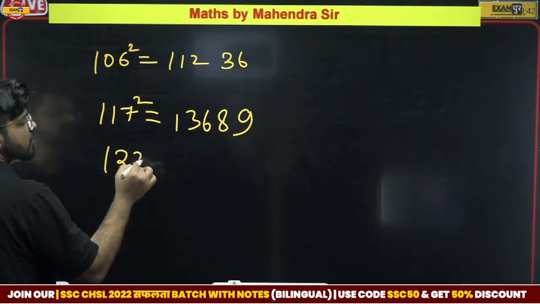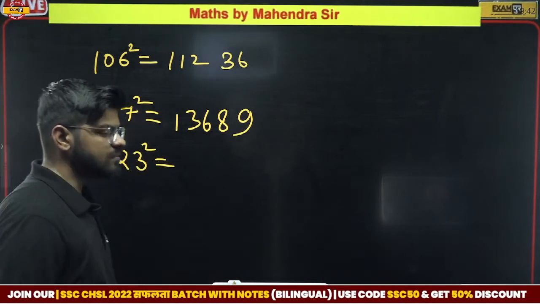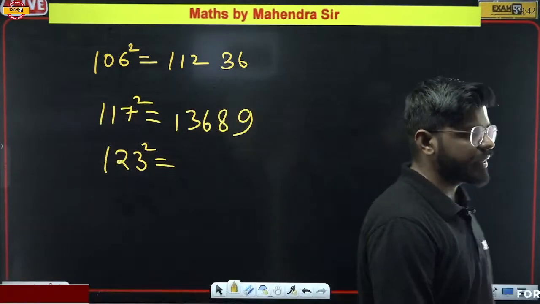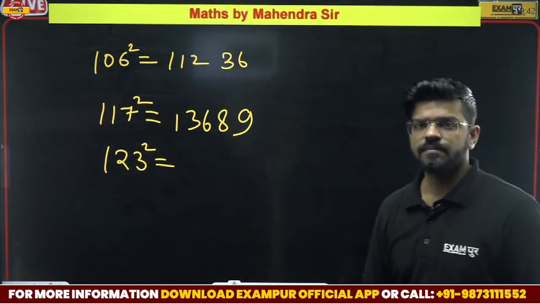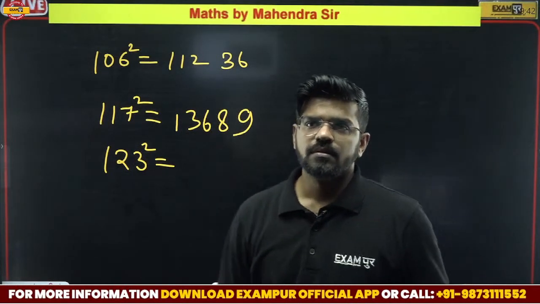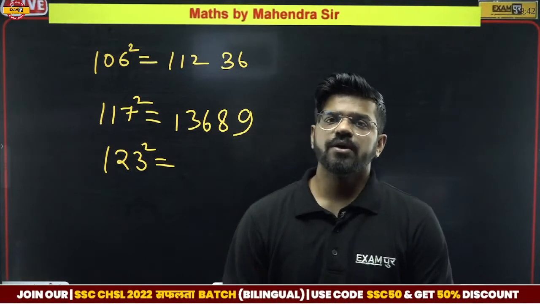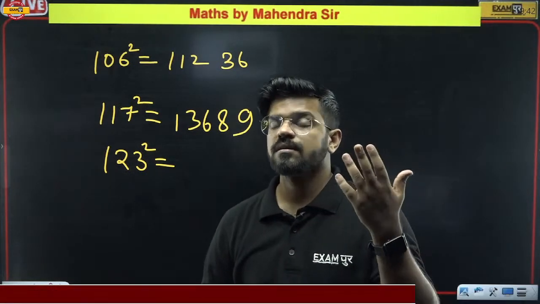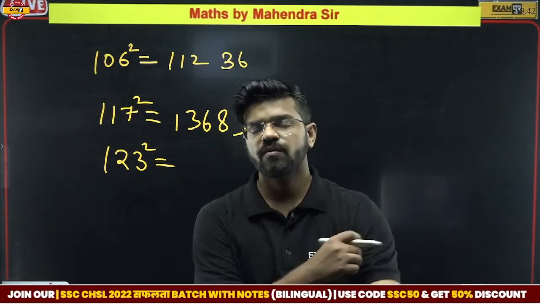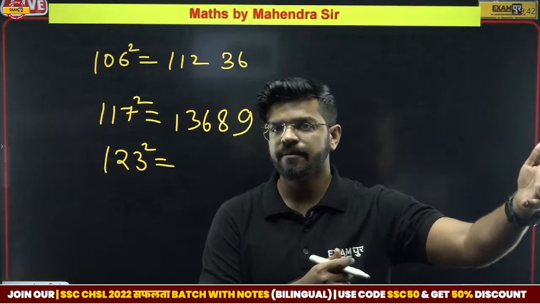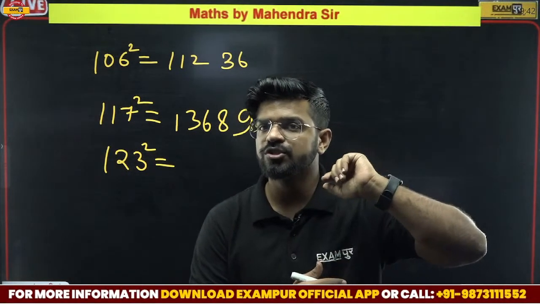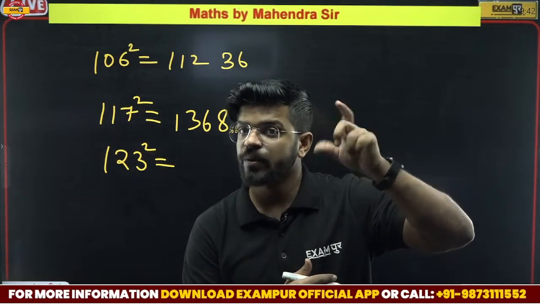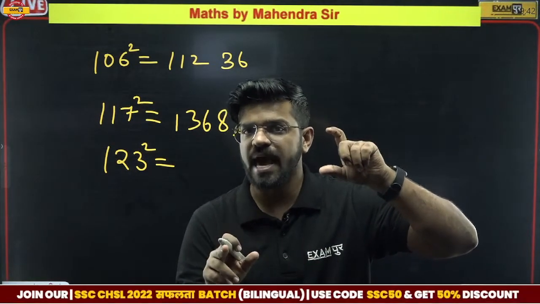Is it clear? Absolutely correct. Finally tell me 123 square. So you know that 123 is 23 more than 100. That means the last two digits should be 529, so 29, and 5 will be carry.